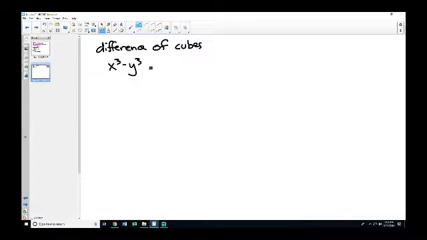It's again an exercise in identifying the cubed terms, and then you just place them in the right spot. The first term, the binomial, will always match what's here, x minus y. And then the quadratic portion is x squared plus xy plus y squared. So it's just all addition.